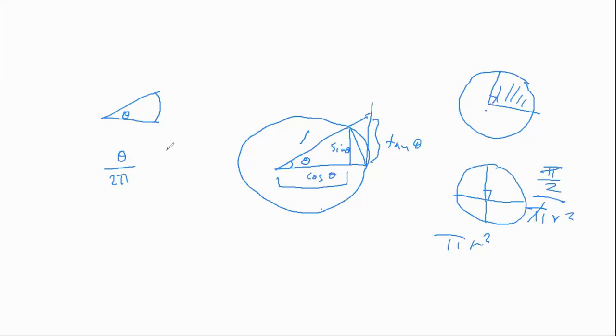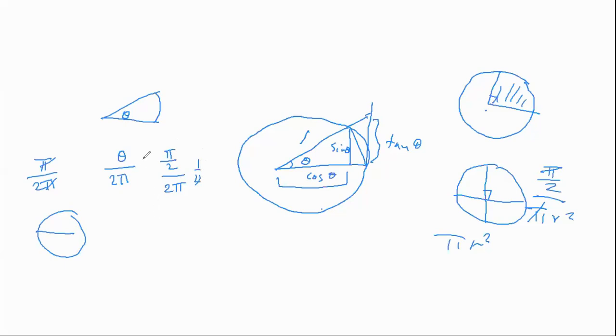The angle 90 is pi over 2, over 2 pi, the ratio. 180 will be pi over 2 pi, so the angle 180 is half the circle, right? The angle pi over 2, if you take the pi and the pi, the 2 will go down, is 1/4, right?